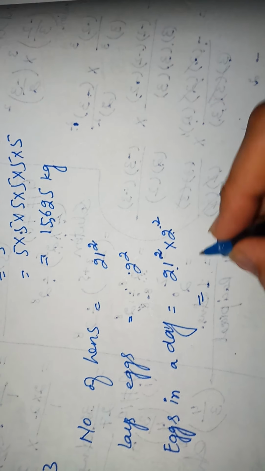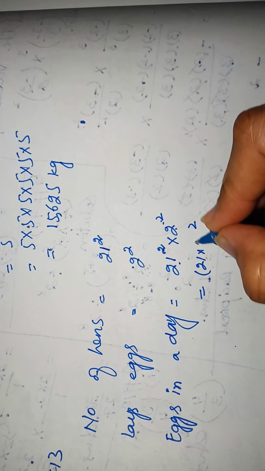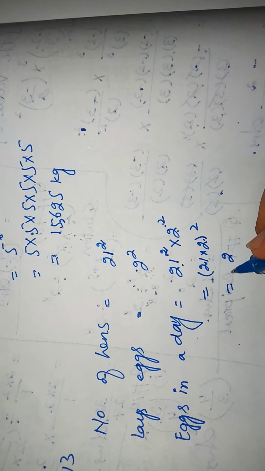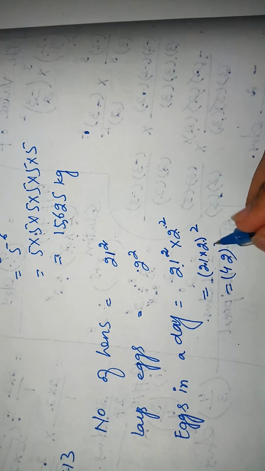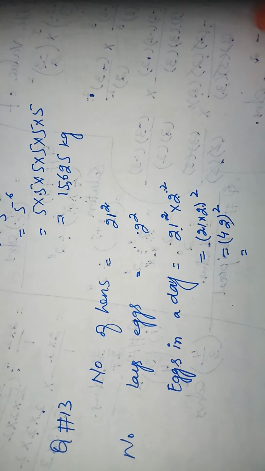Powers are same, so we will take the powers common, and 21 multiplied by 2: 2 ones are 2, 2 twos are 4, so he gets 42 square eggs every day. If we take the square of 42, it will become 1764.